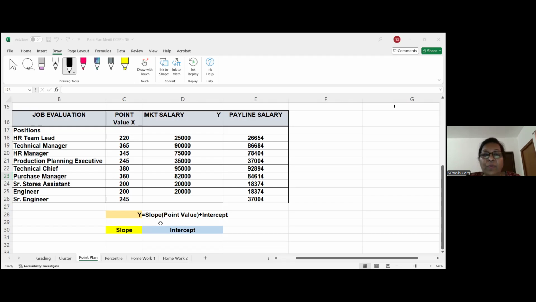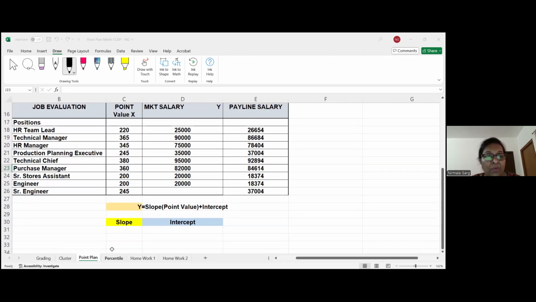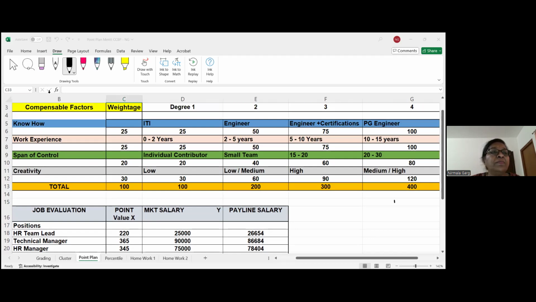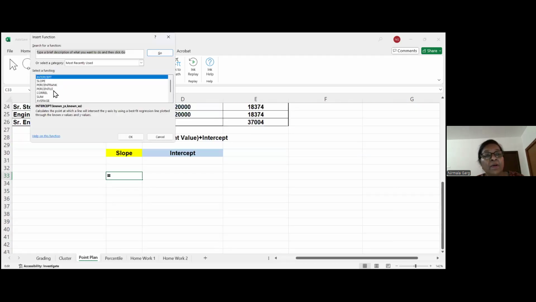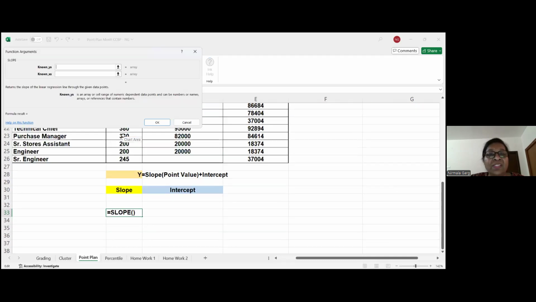Now, what do I do? Quickly, I have to calculate those two values. So I'll do like this. Then where will I go? I go to formula. Then, okay, we'll start with the slope value. What is it asking me?